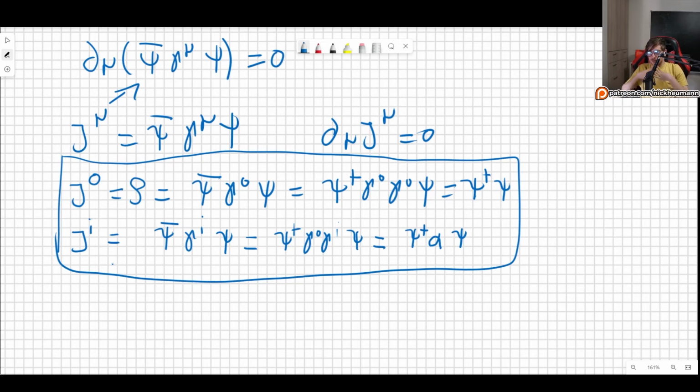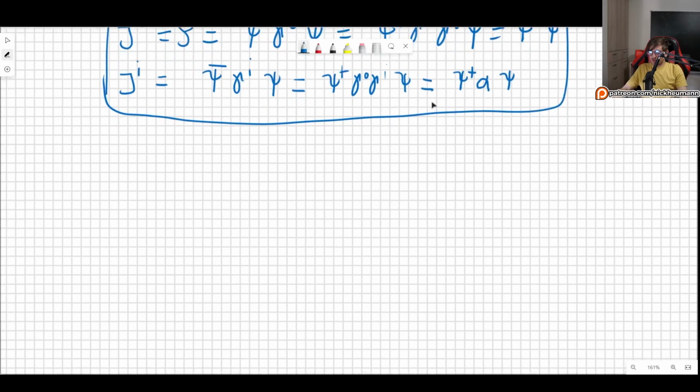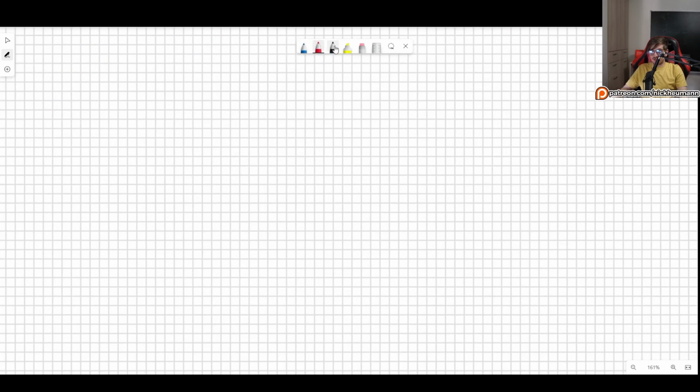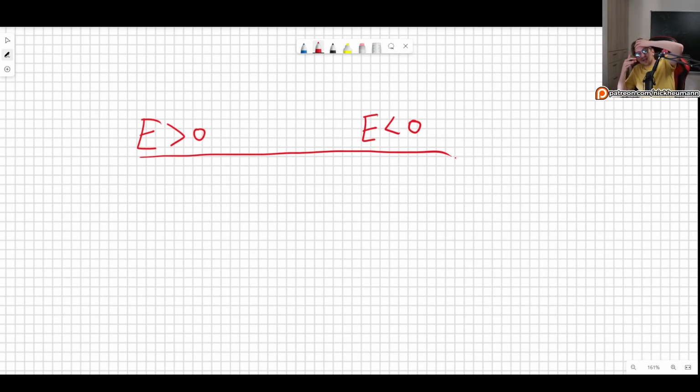There is one issue that we have not addressed, and that is the negative energy values. Because we can have energy that is positive, and we can have energy that is negative. And that is an issue, right? Because if negative energy states are allowed, then, you know that physical systems tend to go to lower energy states.